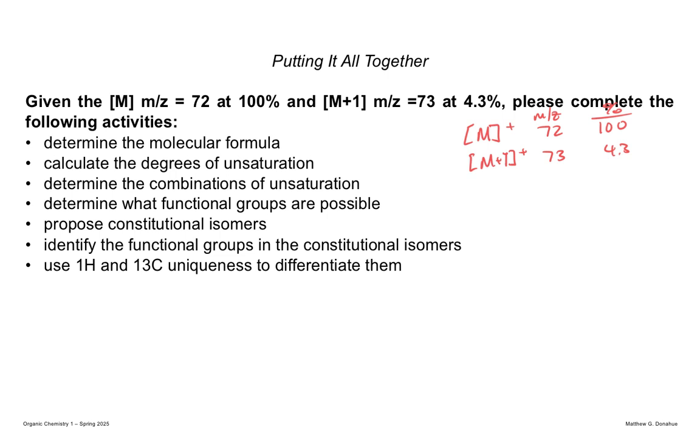So a couple things to make note of at this point before we move on to the next couple slides. The parent mass is even. So that means there's no nitrogens or an odd number of nitrogens. The data that's presented to you is M plus 1. It's not M plus 2.